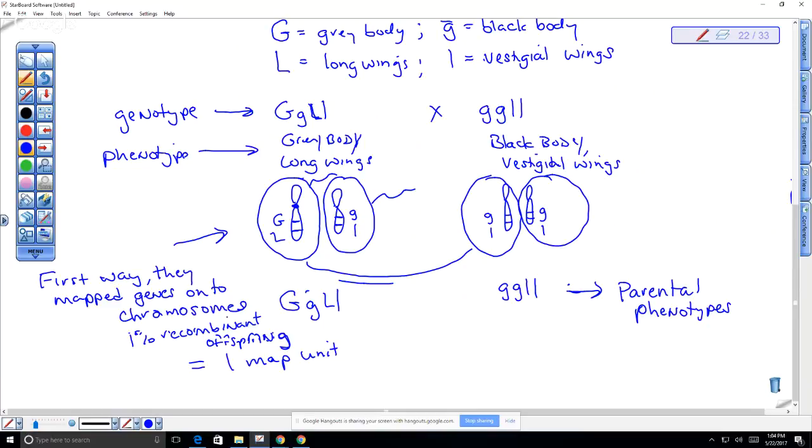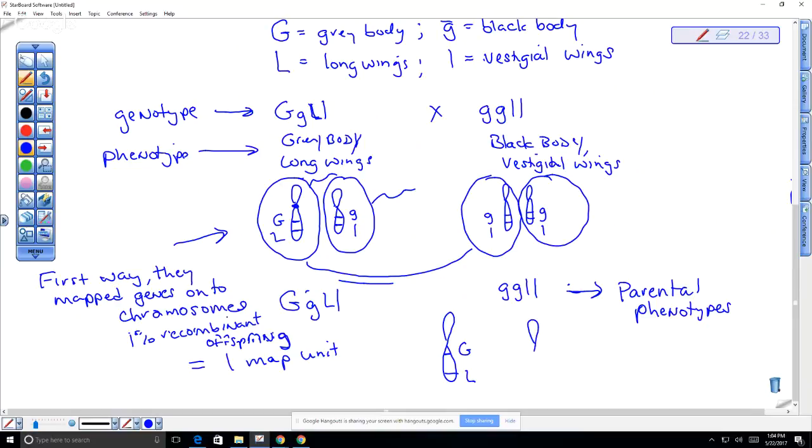If the genes are really close together, you're less likely to get recombinant offspring. So if we look at our chromosome, if my G and my L are far apart, the possibility of them being separated by crossing over increases, and I get more recombinant offspring.